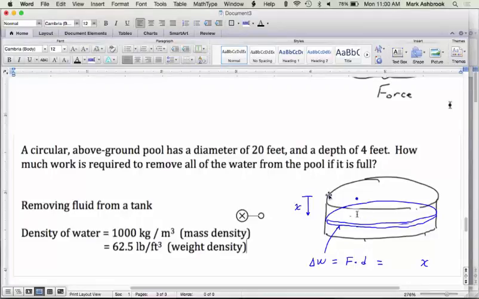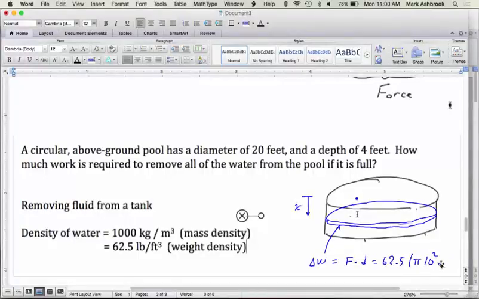All right, now what's the force of that layer? So now we're going to lift that layer, and the force required to lift it is, in general, the weight of that layer of water, which is going to be 62.5 times the volume, which is pi r squared h, pi 10 squared h.